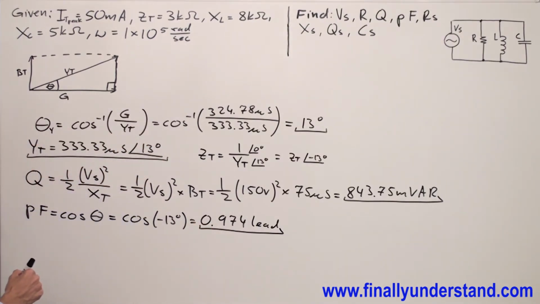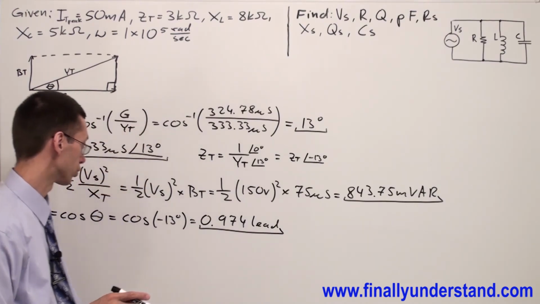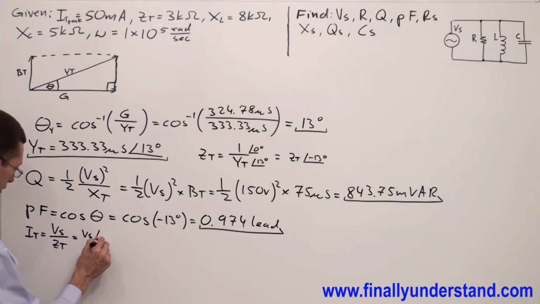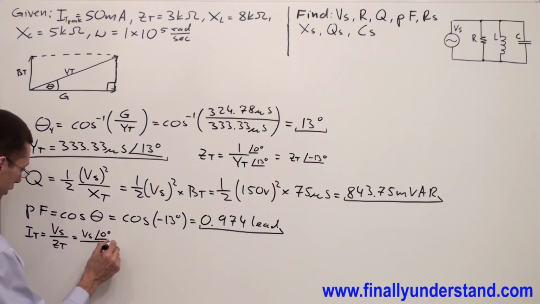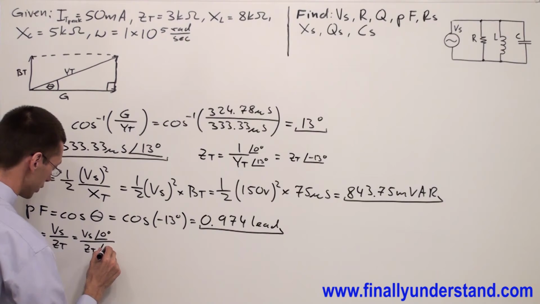Lead, because the total current is going to lead the voltage source by angle of 13 degrees. So how can we get that? Just remember that I total is equal to voltage source over Z total. So voltage source, we said we want to keep with angle of 0 degrees, and we just found that Z total has angle of negative 13 degrees.